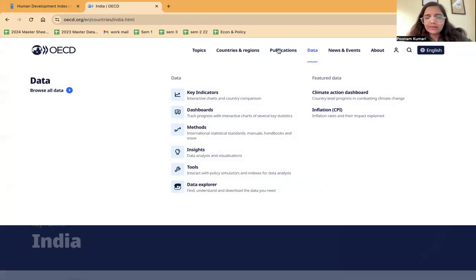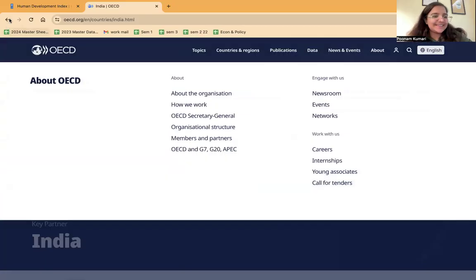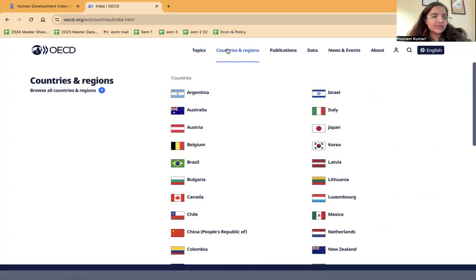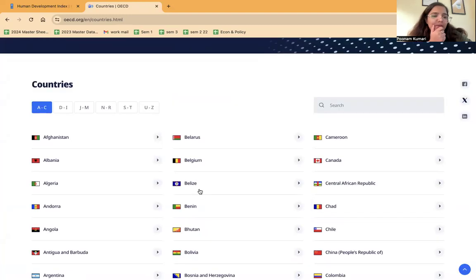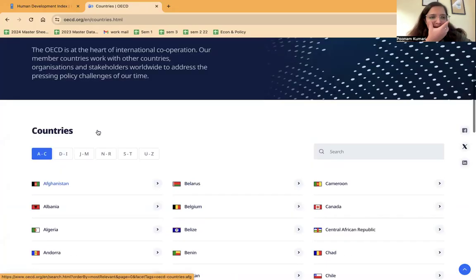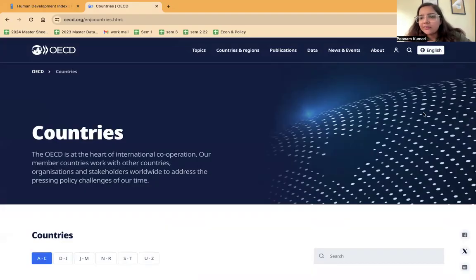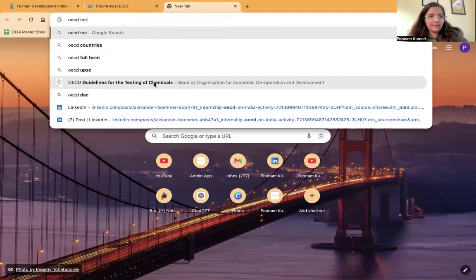India is there. But last time I checked, it was not. Ek second. Ma'am, in country and region. But this is all countries and regions. But they are talking about all countries, right? Afghanistan, kaise? It's not about member countries. This is general. Okay, okay. Yeah, this is not member countries. OECD members.